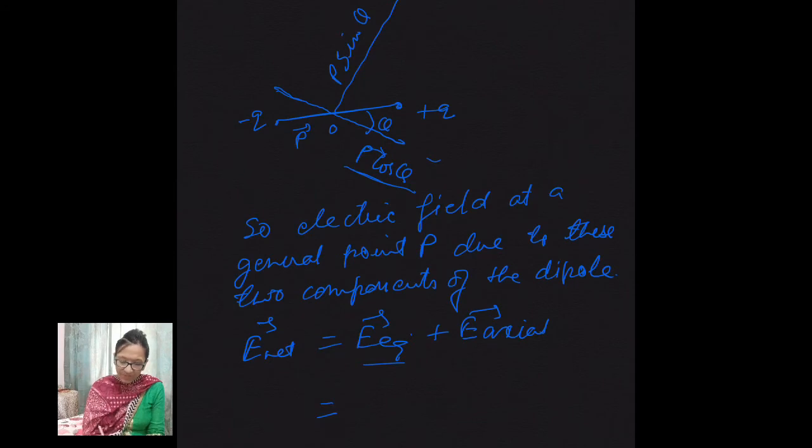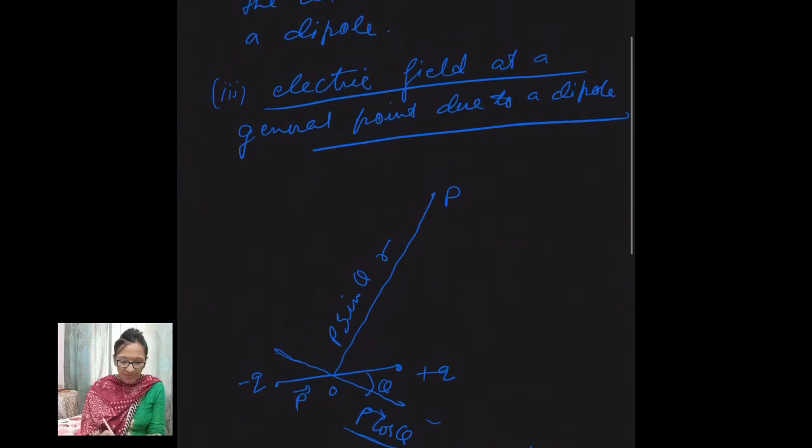Now, for the equatorial electric field, we learned that at the equatorial bisector point the electric field will be along the negative dipole moment direction. This is the direction of the equatorial electric field. In the previous case, case 2, we learned that the electric field is in a direction opposite to the dipole moment direction.